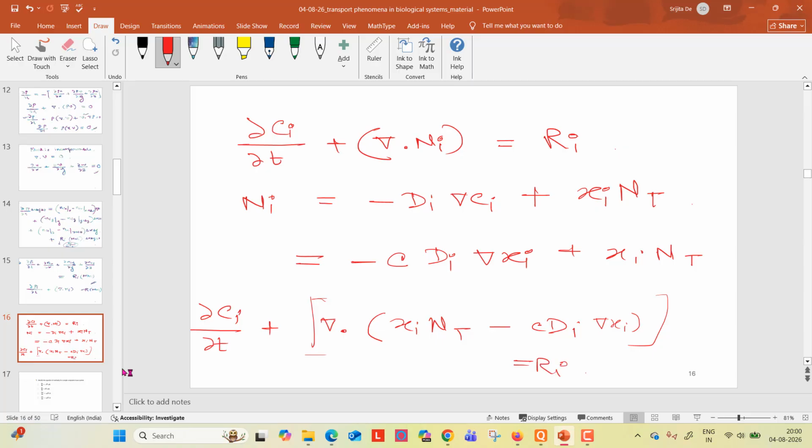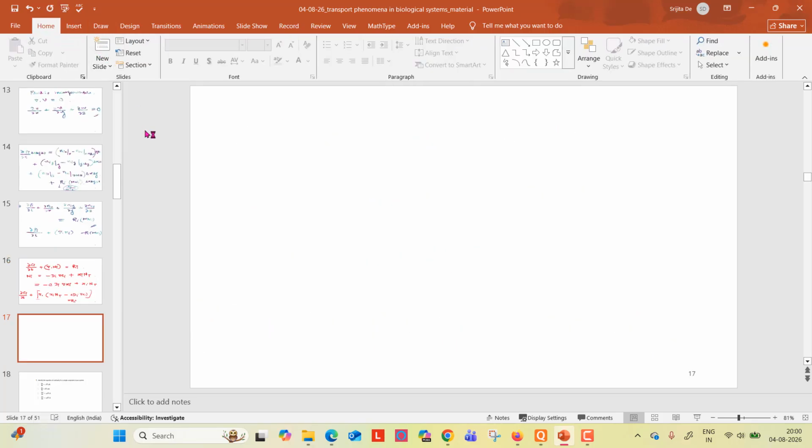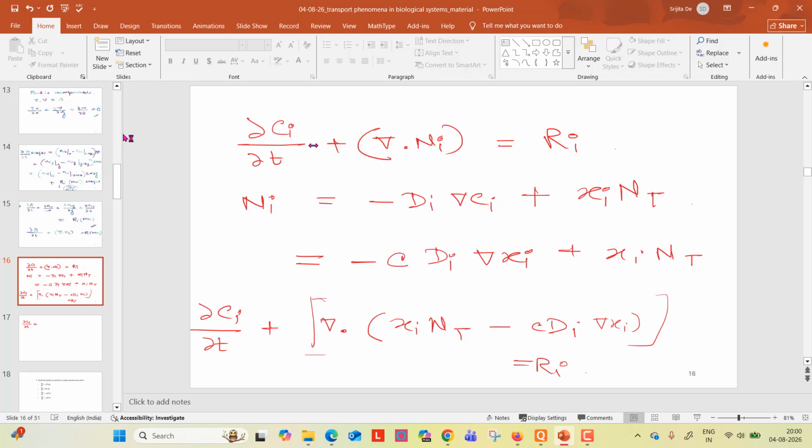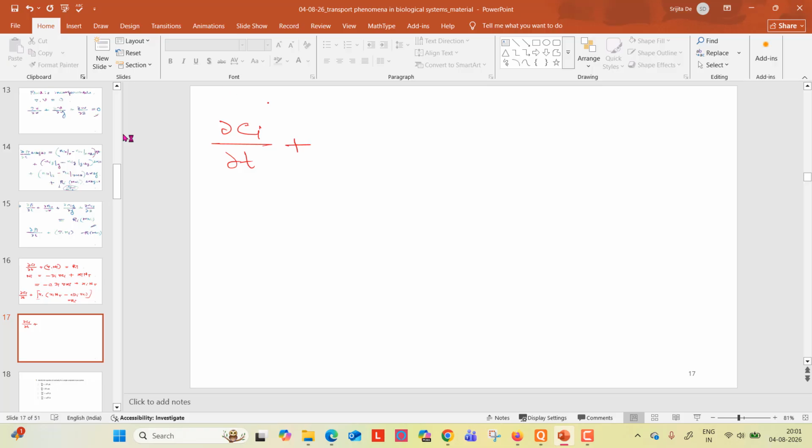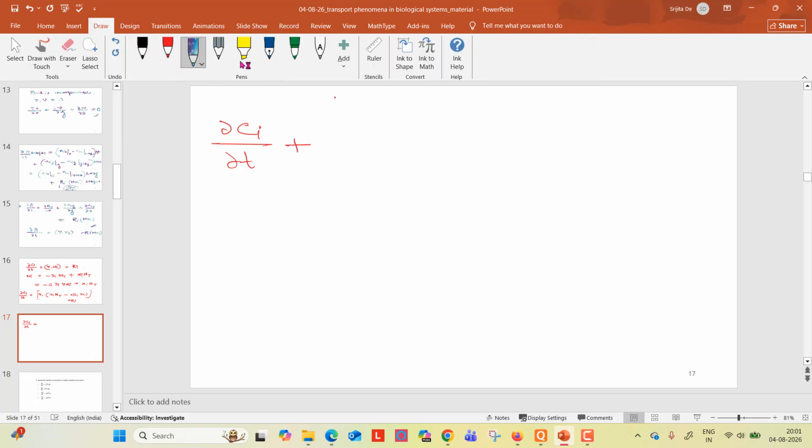Now we will expand this. Del Ci del t plus divergence of Xi into Nt, right? Before that, we need to know what is Nt. Nt is the total molar flux of the system.